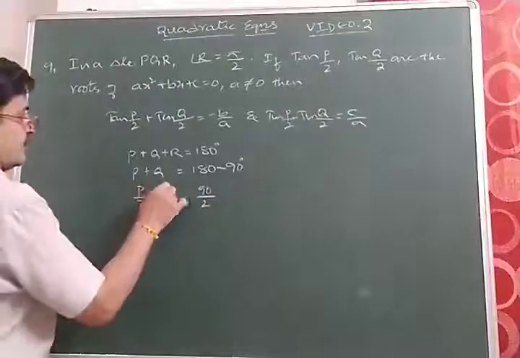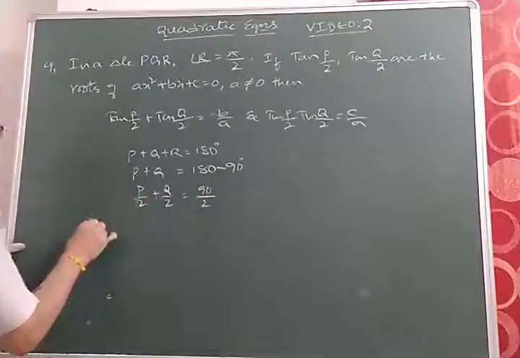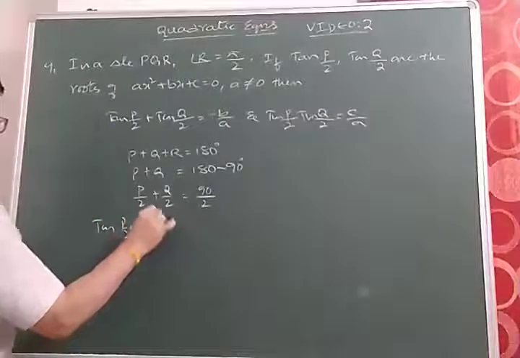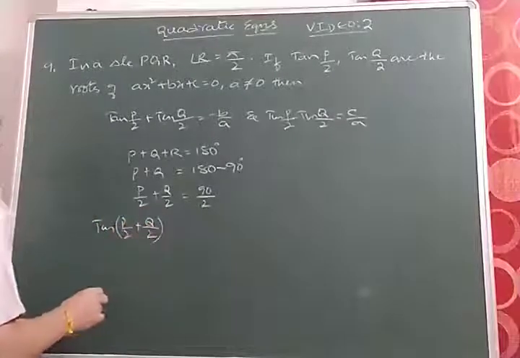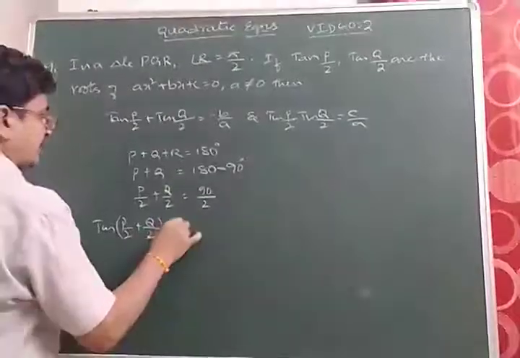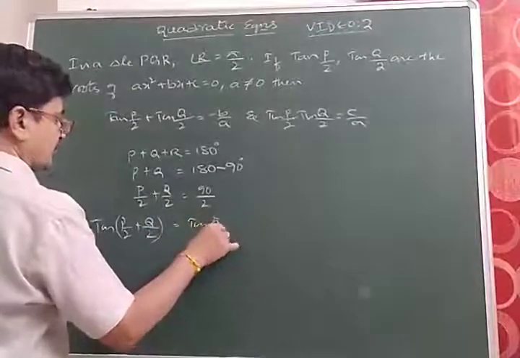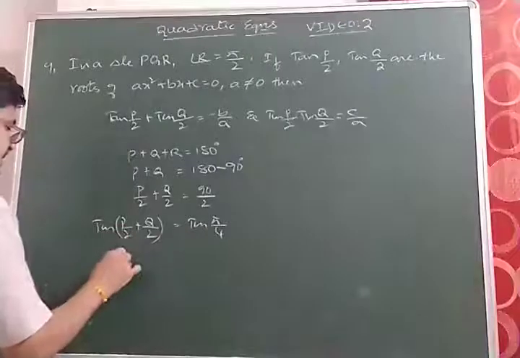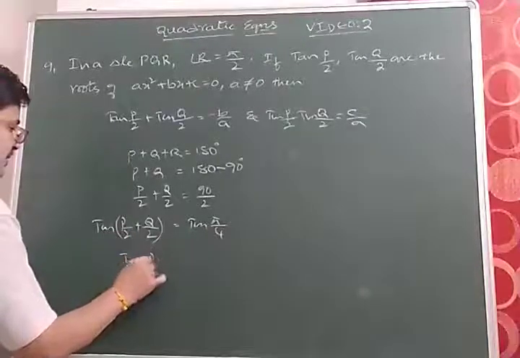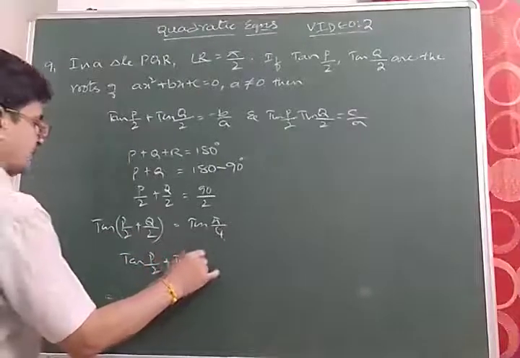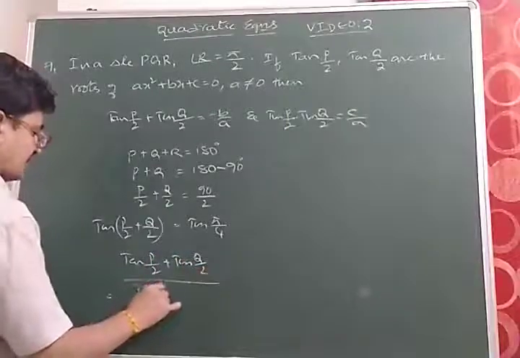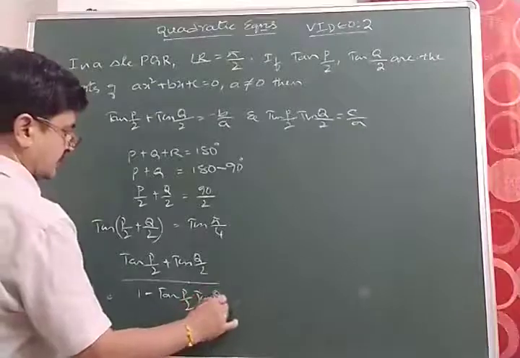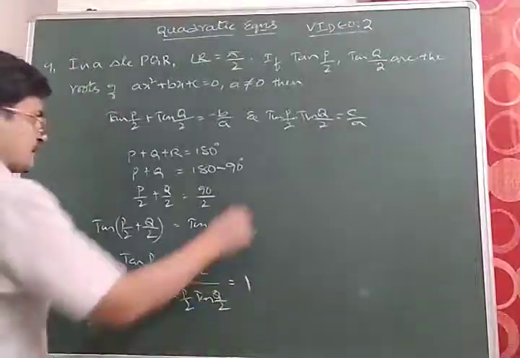Now taking tan on both sides, tan of p by 2 plus q by 2 is tan pi by 4, which means 1. It is expanded: tan p by 2 plus tan q by 2 by 1 minus tan p by 2 tan q by 2 is equal to 1.